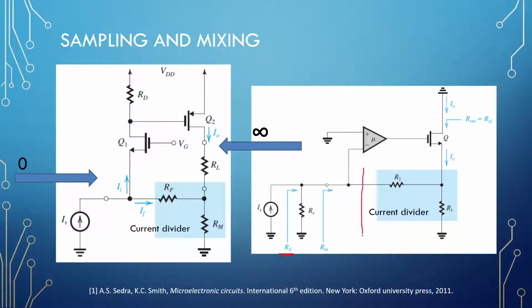Looking at the feedback network here, a current flows in on this side and it splits into two currents. Okay, if we quickly see this as a virtual ground point, which it is due to the op-amp, this current, the output current, will be sampled by using current division.